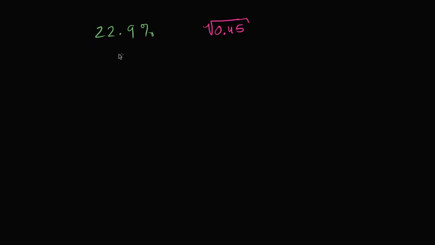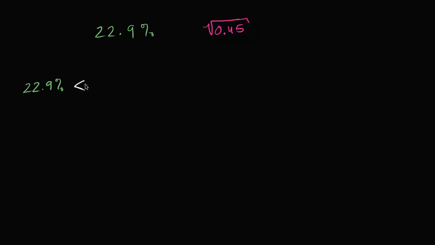So one thing that you could try to say is, well, look, 22.9%, that's going to be less than, I'm just going to pick an arbitrary number here, let's say 30%. I picked 30% because it's easy to calculate.